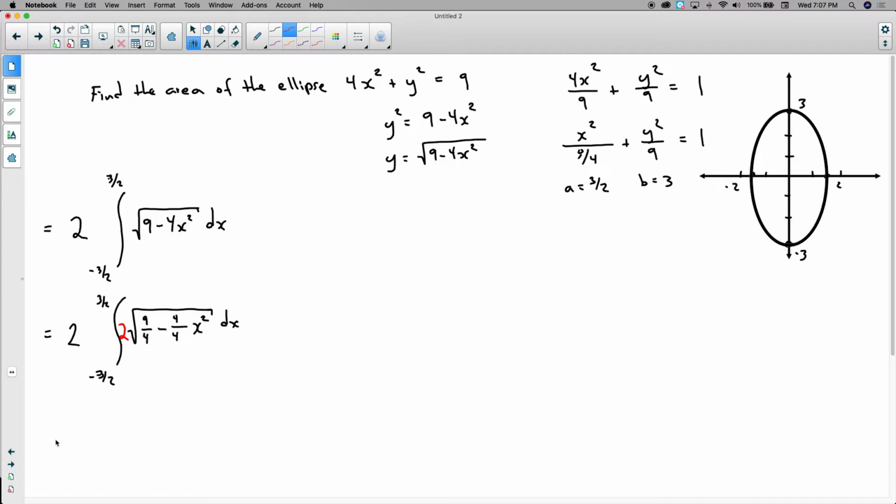So let me walk through that again. I've got all of this, and I've got all of that. I'll leave the new 2 out there and point out that this is now 9/4 minus x squared like we want. Okay, so let me restate this.